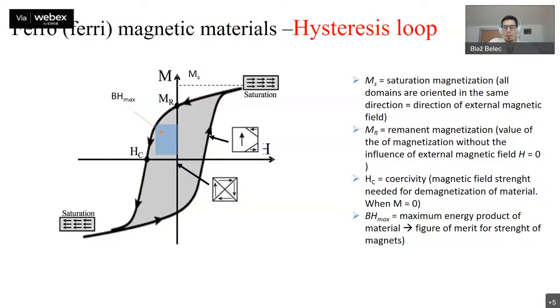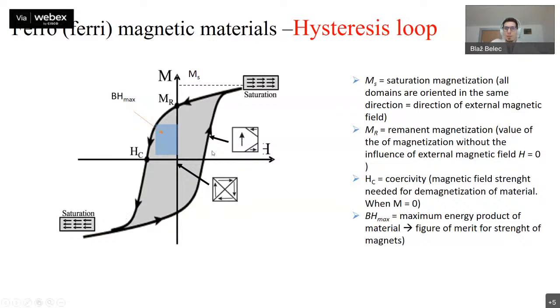Hysteresis loops are a representation of the response to the magnetic field only for ferromagnetic materials. We cannot find it with paramagnetic materials because we get just a line, but not this loop.